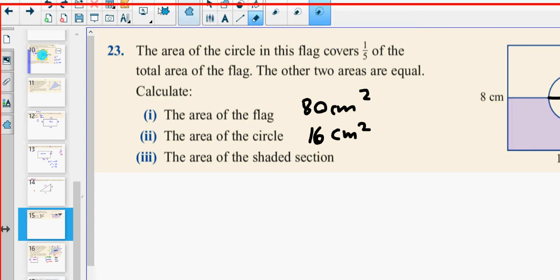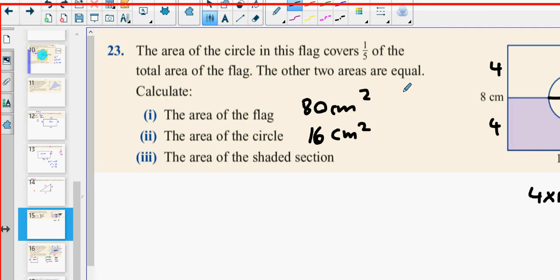This 8 is divided into what? 2 4s, isn't it? 4 times 10, 40. Take away your 8. Everybody cool with that? That one's actually a lot easier than I thought it was.